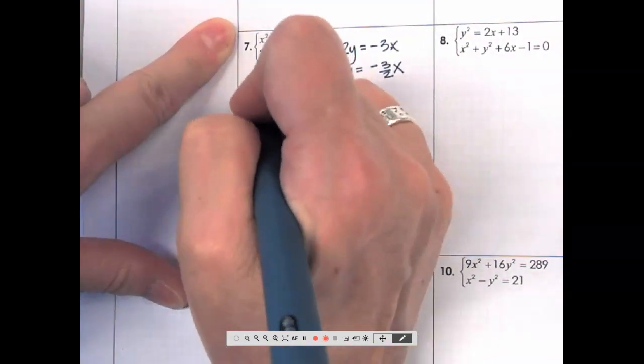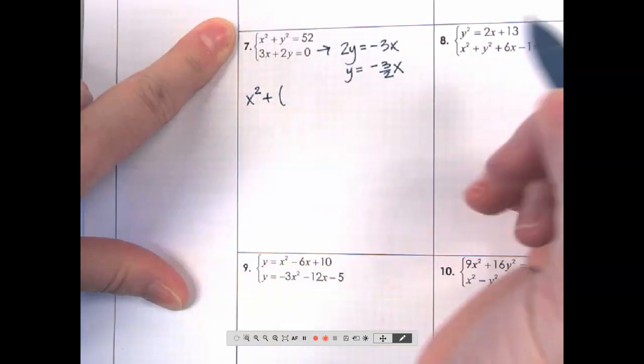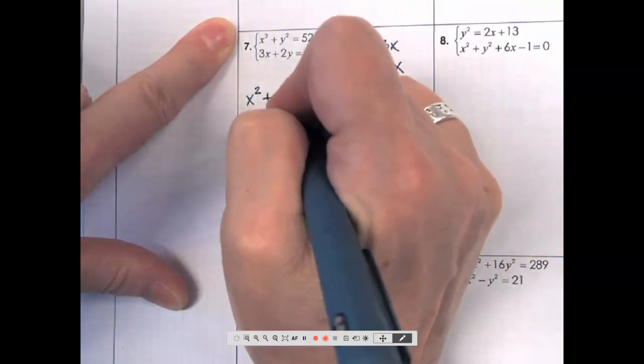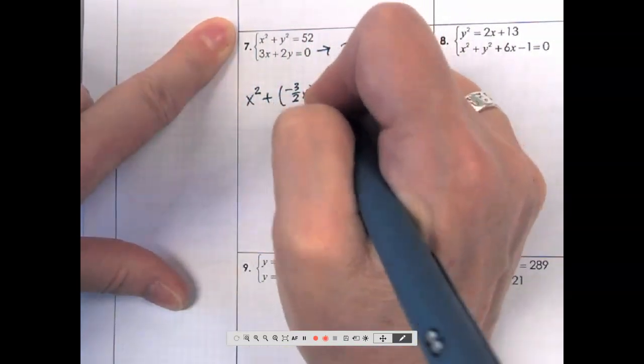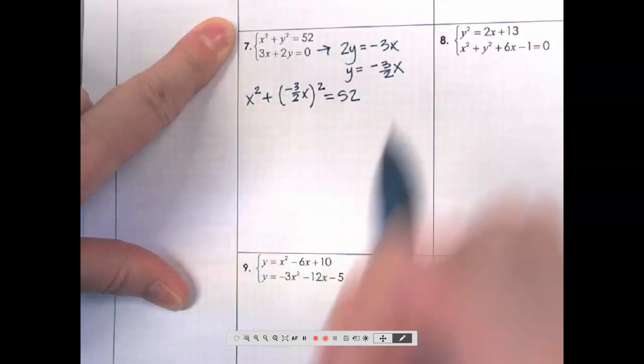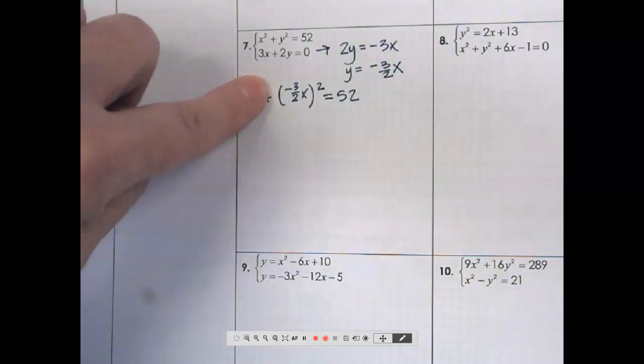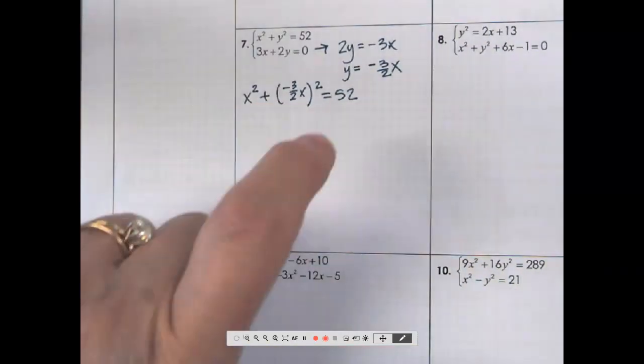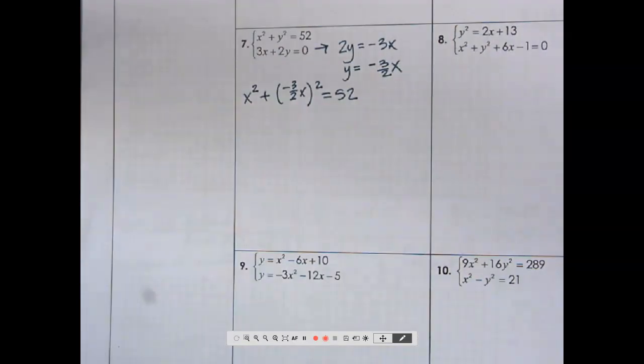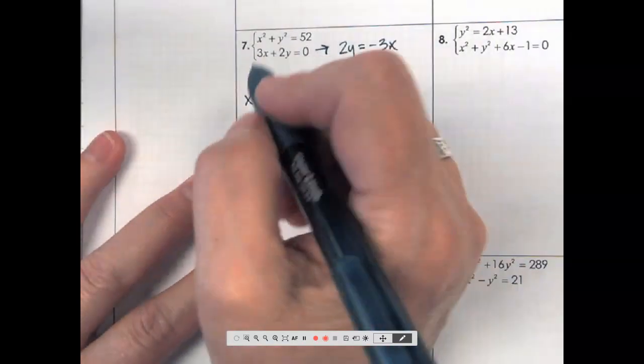So I will have x squared plus negative 3 over 2 x, squared, equals 52. When I square that fraction, the negative gets squared, the 3 gets squared, the 2 gets squared, and the x gets squared. So what do I end up with? You can square 3 over 2 in your head. 9 over 4 x squared.